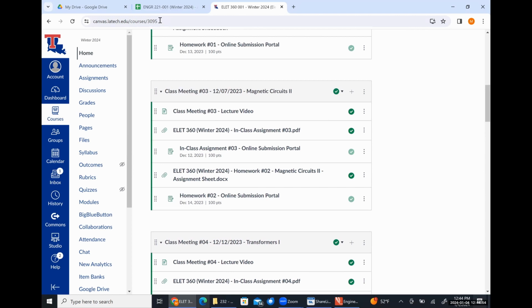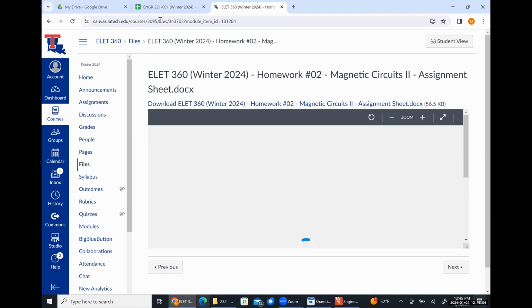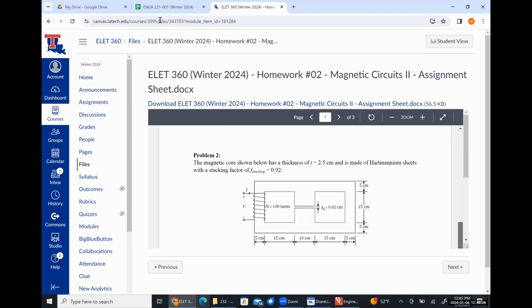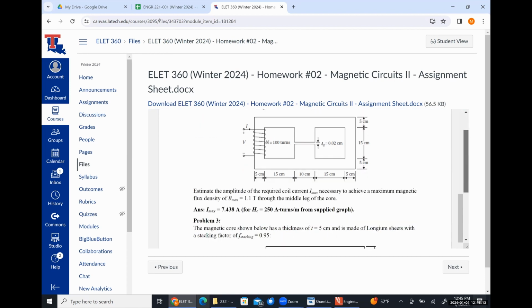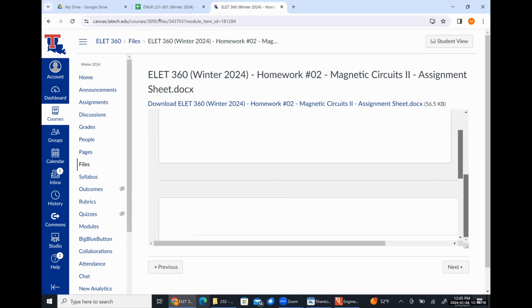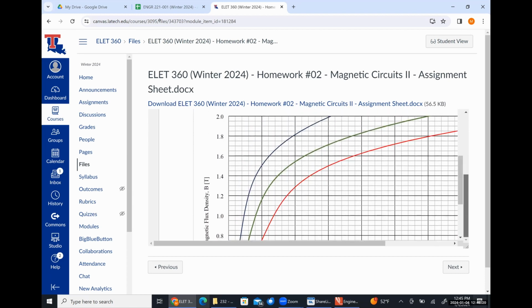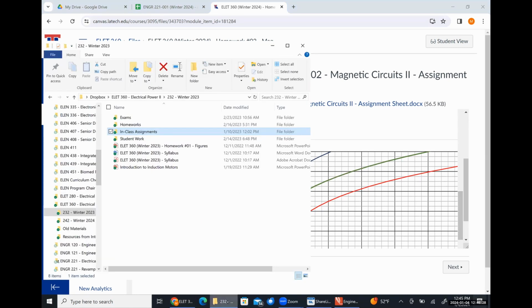There we go. Yeah, thank you. You're right. How do I make this bigger? Actually, if it's the last page of the homework, I'll pull it up here.